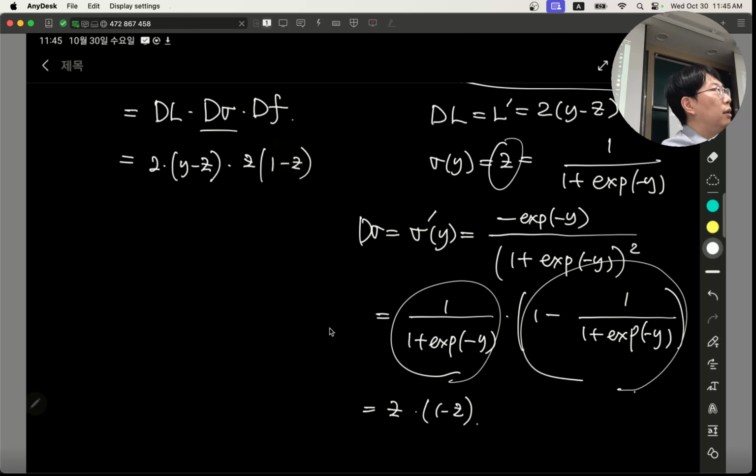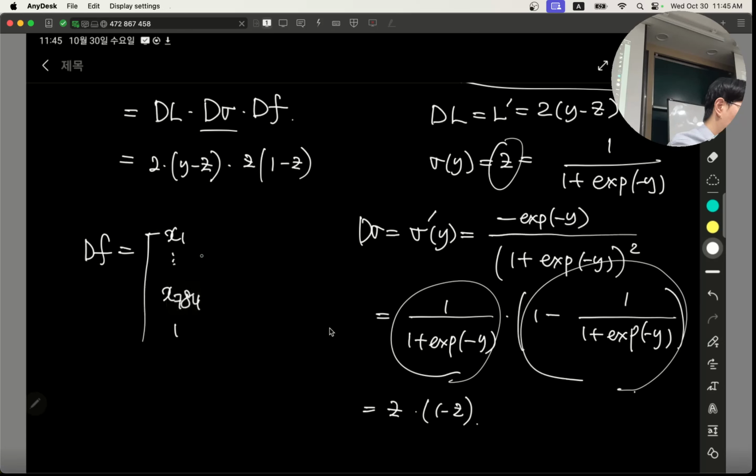And now what is df? Now df is really simple, because f is a linear function. df is (x1, ..., x784, 1). Why?